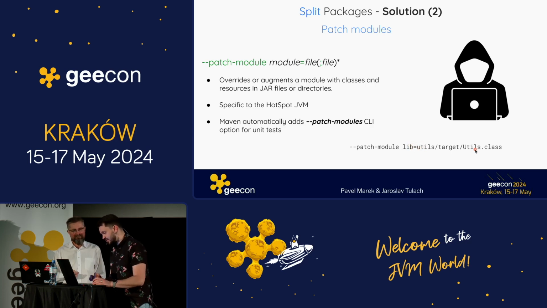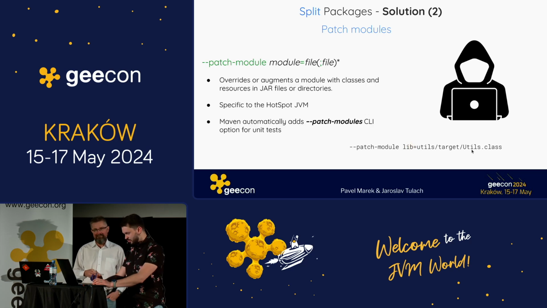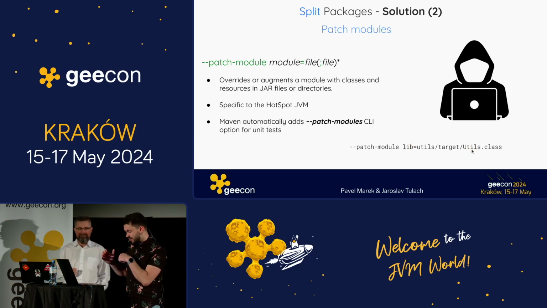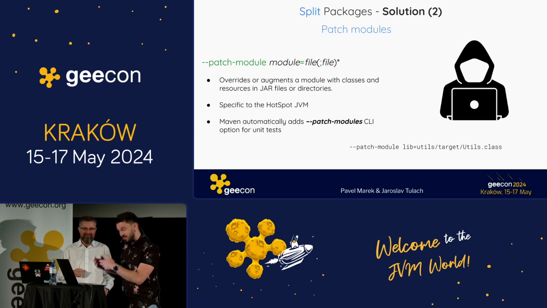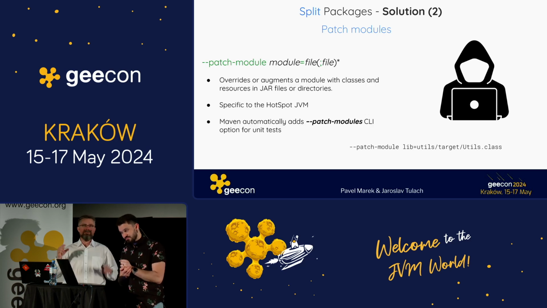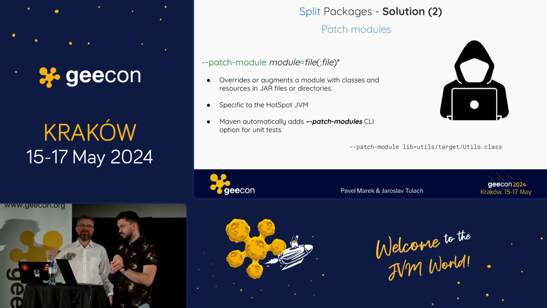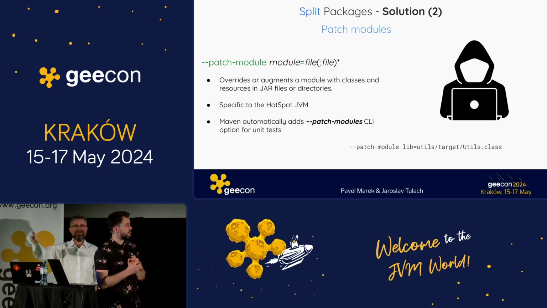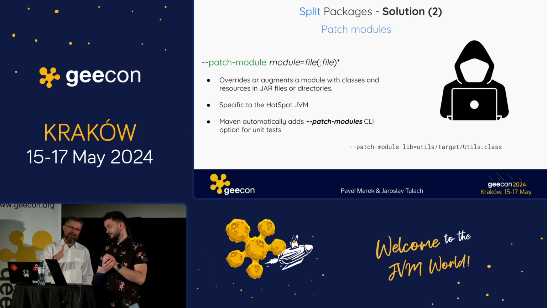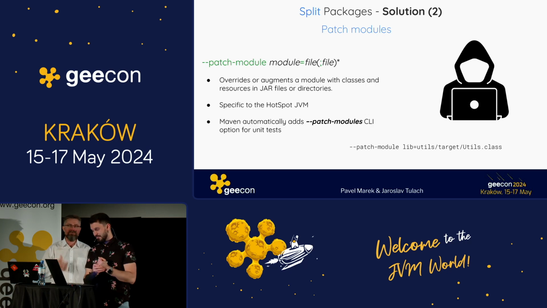This tells the module system that the lib module will also include a different class on a different file system path. I believe this was introduced especially because of unit testing. If you want your unit tests to access package private methods of your classes, this is basically the option that you can use to achieve that.